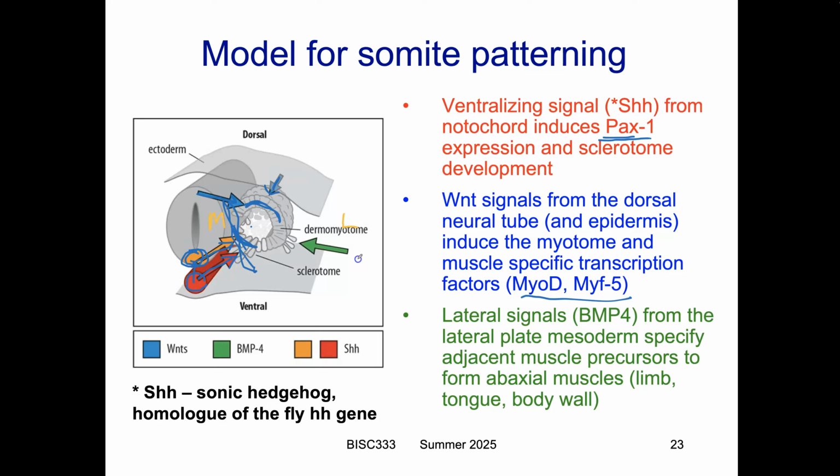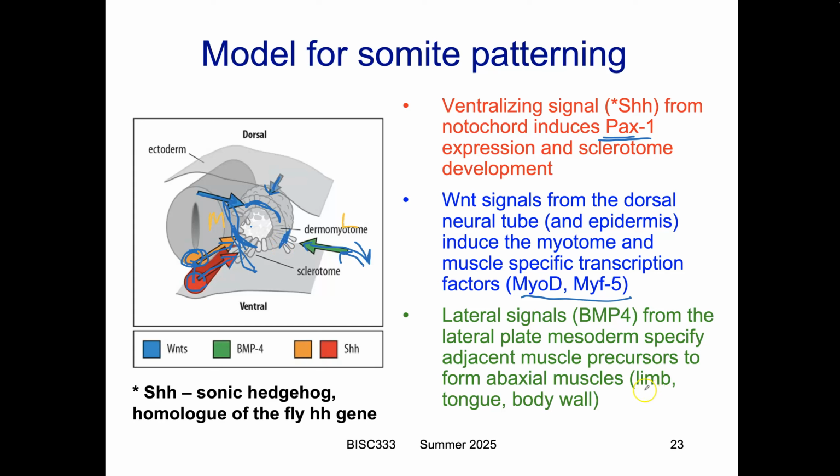And then there are lateral signals. They come from the lateral plate mesoderm. So there's additional mesoderm down here away from where the somite is, because the somites are not the only mesoderm in the body. And this lateral mesoderm is sending signals to the dermamyotome cells.